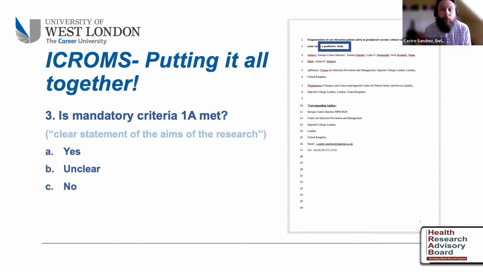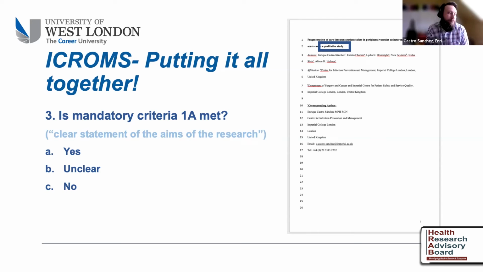Now, moving on to the more specific domains for qualitative studies, you have here the definition of the mandatory criteria 1A. Is there a clear statement of the aims of the research? If you have a look at the paper, you have the paper in front of you. This is where you have to decide if you would give the paper 2 points if you said yes, there was a clear statement of the aims, 0 points if there was no clear statement of the aims of the research, or just 1 point if the aims were there but not completely clear.